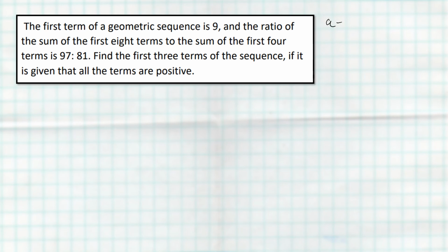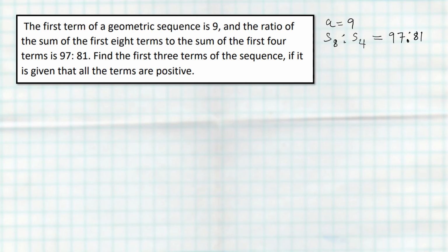So we have our A is equal to 9, and the ratio of the sum of the first 8 terms to the sum of the first 4 terms is 97:81, right? So they gave us the ratio there. They say find the first 3 terms of the sequence if it is given that all the terms are positive.